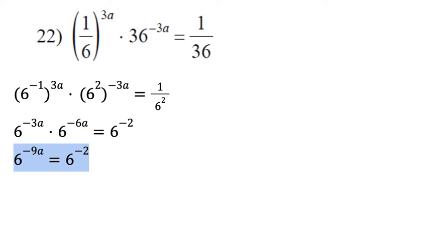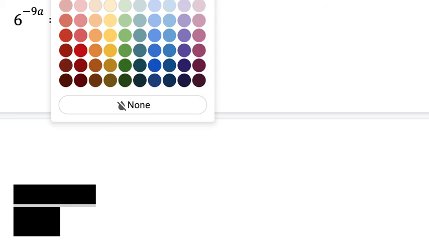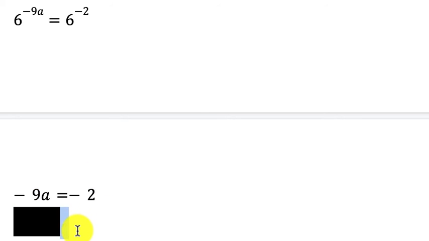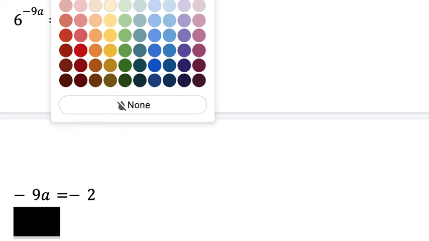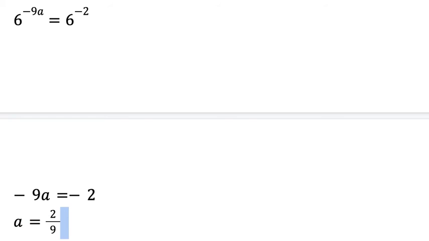So now I'll have 6 to the negative 9a equals 6 to the minus 2. These expressions are equal. They have the same base. Therefore, their exponents have to be equal. So we're going to set negative 9a equal to negative 2. And from there, we solve a normal linear equation like we're used to. Divide both sides by negative 9, and we get our solution of a equals 2/9.